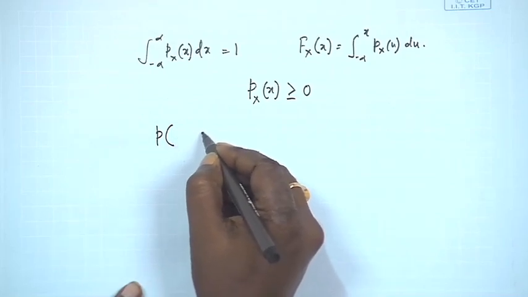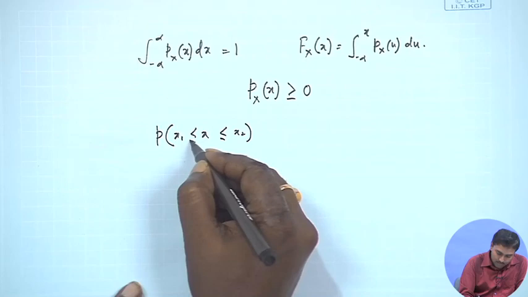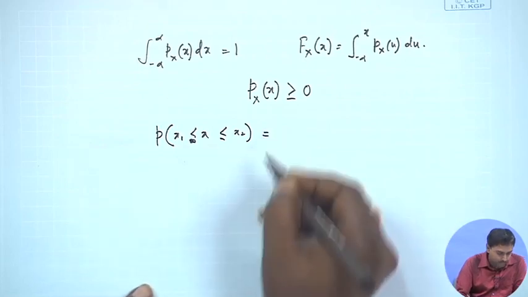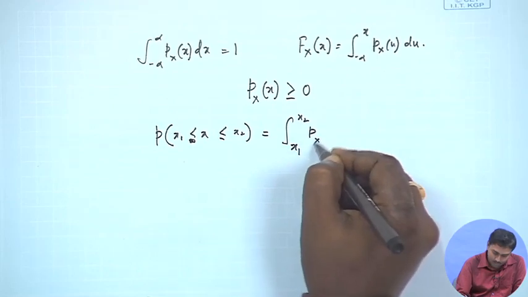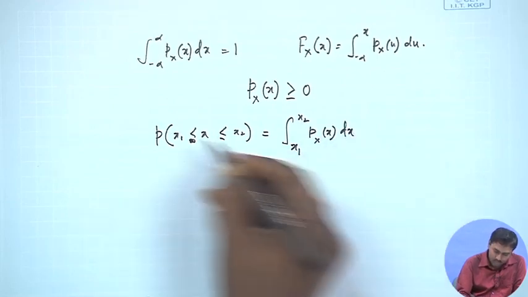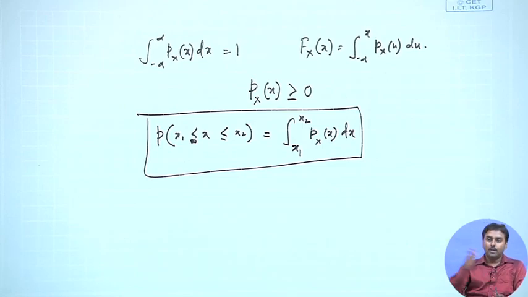It just provides the density, and that's why the other formula, P(x1 < x <= x2), not that equality, is always true.